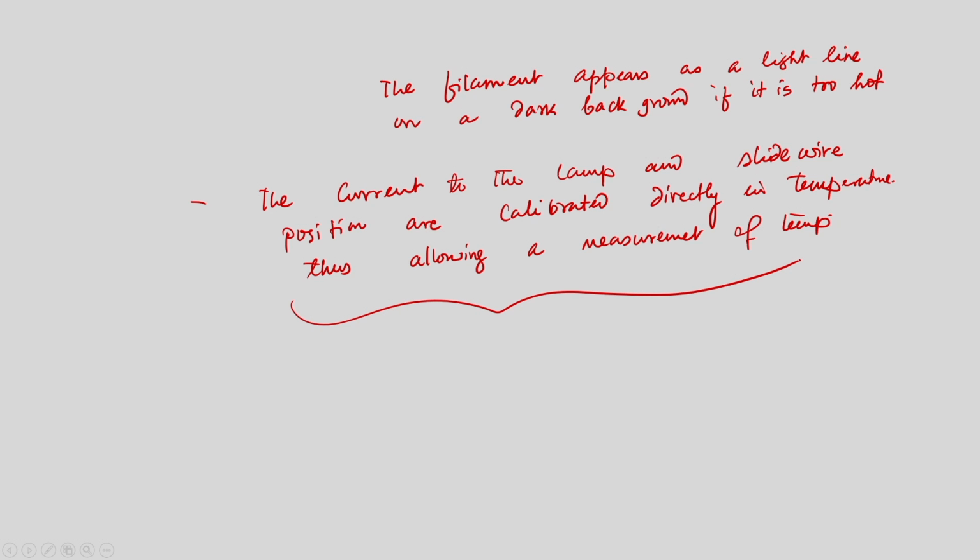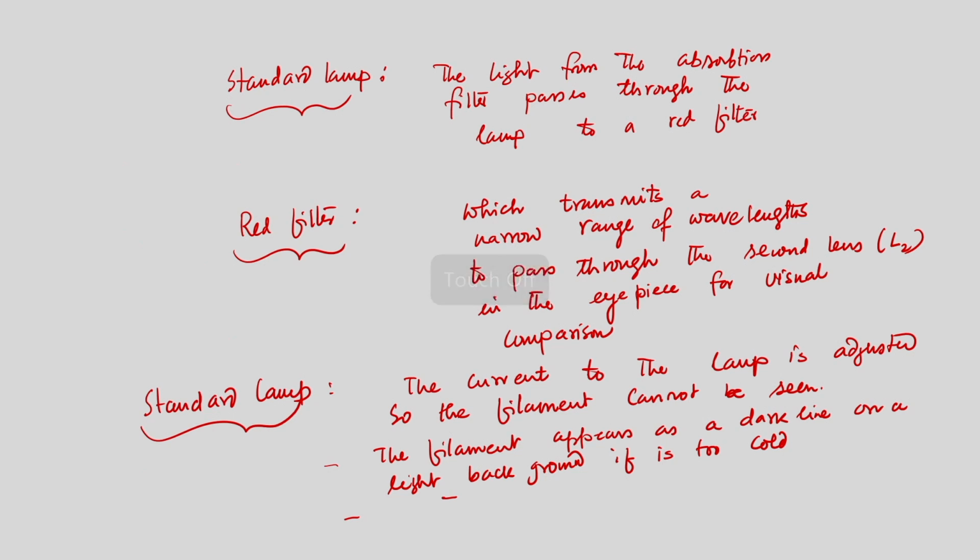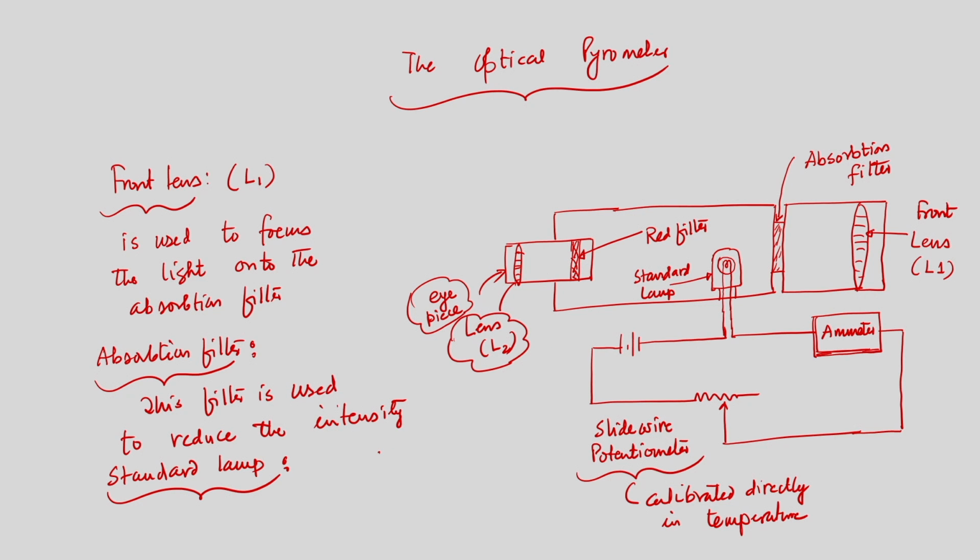That means we are using the effect of radiation to measure the temperature. We can control the slide wire position to control the current to the lamp, and these two can be calibrated directly in temperature. What will be the temperature, and we can measure the temperature of the object, that is our interest. If I go back to the schematic, the absorption filter's objective is to reduce the intensity of light.